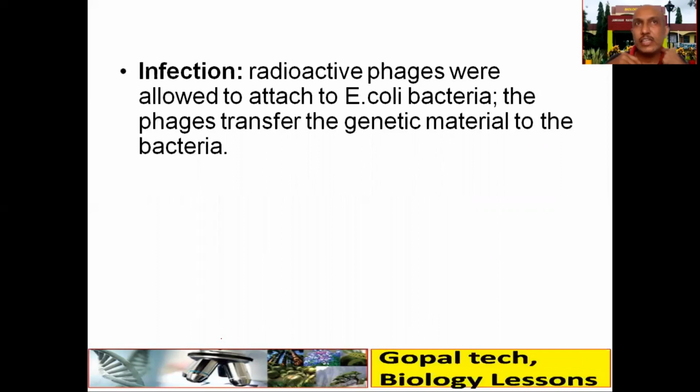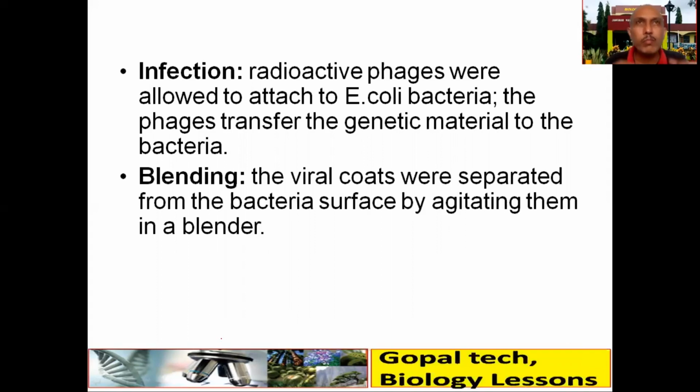So second, that is infection. Radioactive phages, the bacteriophage viruses, were allowed to infect E. coli bacteria. The experimental bacterium is E. coli. So the phages transfer the genetic material to the bacteria, but we don't know which one has entered. Then blending.